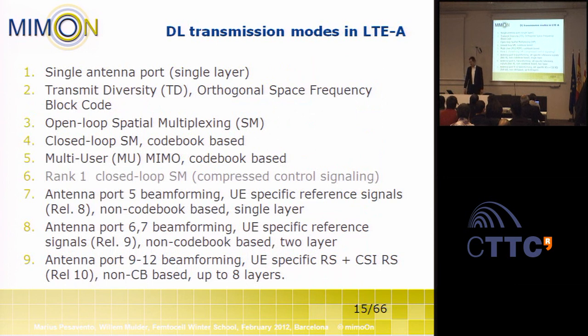So in LTE we have the following MIMO modes. Modes 1 to 7 are from release 8, that is LTE. Releases 9 and 10 are LTE-Advanced, where we have further MIMO modes. Let me briefly overview those. We have the single antenna mode, which is of course not a real MIMO mode.